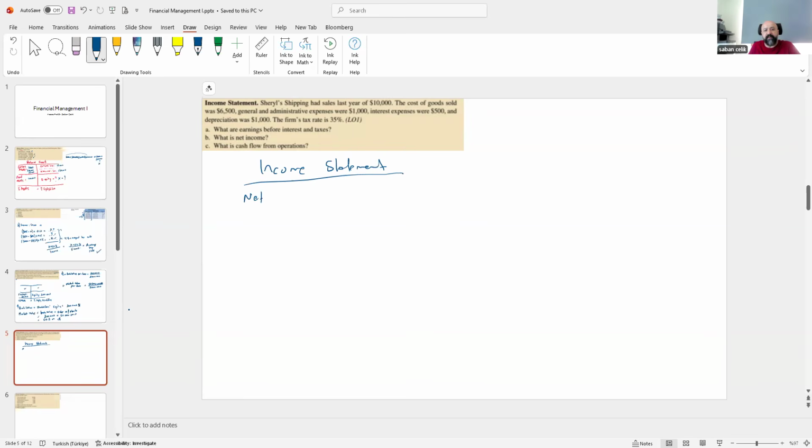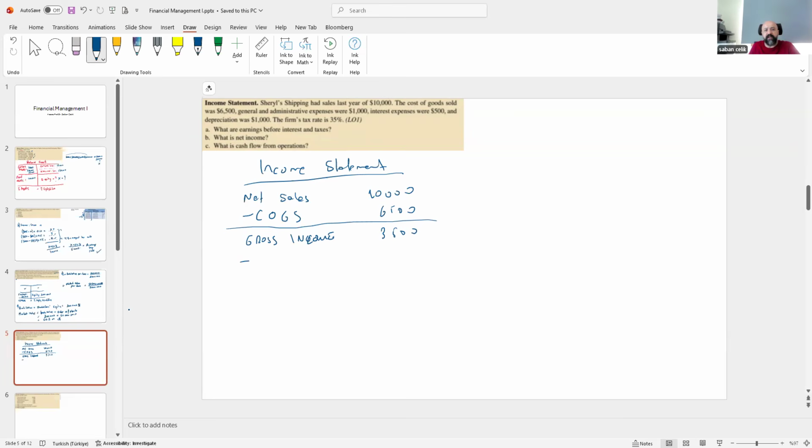Net sales is $10,000 minus cost of goods sold. Do we have cost of goods sold? Here we go, 6,500. This is going to be equal to gross profit, 3,500.